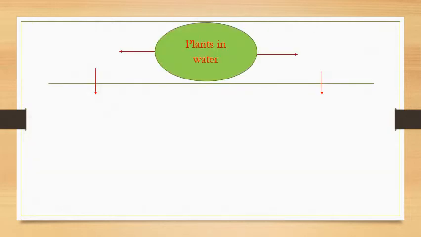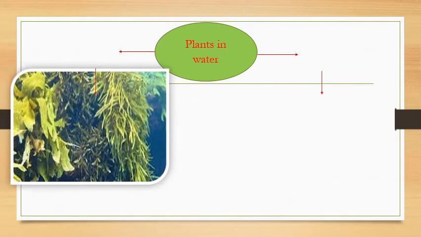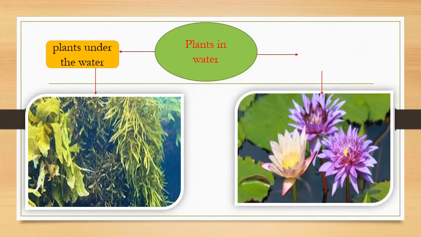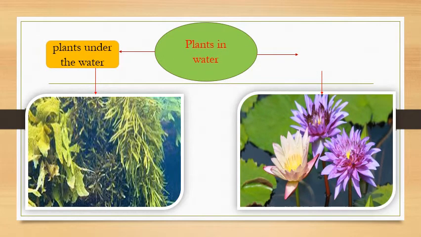Now let us also know what are the plants in water. We have algae plants that grow under the water. We have lotus that grows on the water surface or above the water. And these plants are called aquatic plants.